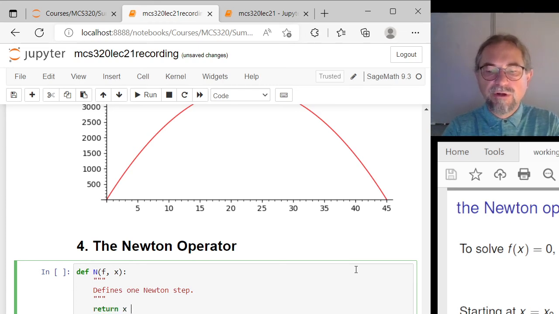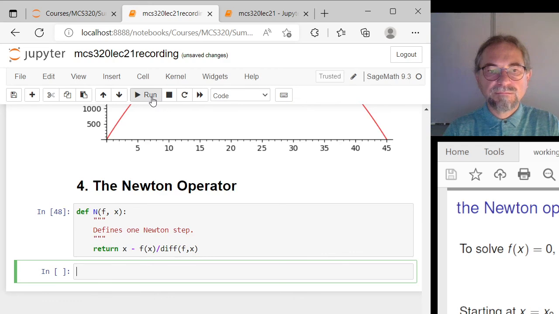So we return x minus f of x divided by the derivative of f at x. I can write this like this. So we have the square function that we will be using.